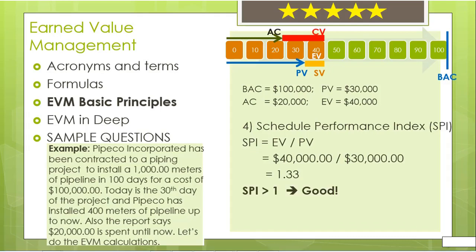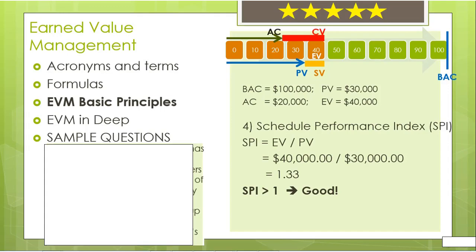When SPI is greater than 1, this tells us that we are faster than we originally planned. Therefore, this is a good thing. If it was less than 1, this would tell us that we are slower than our scheduled plan, and this would be bad for us.